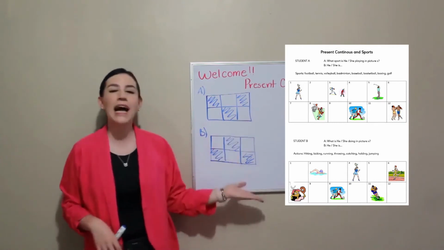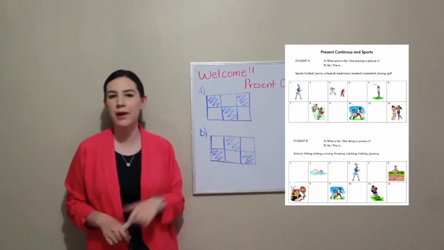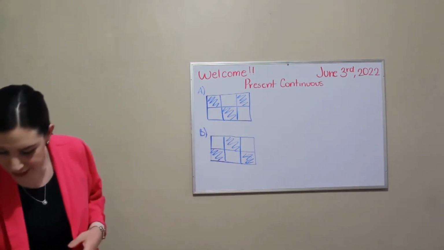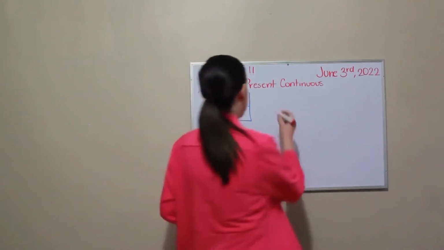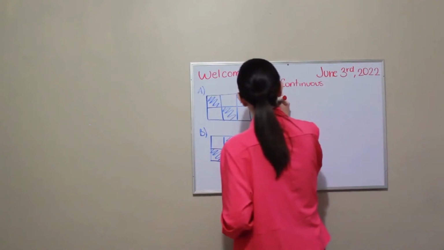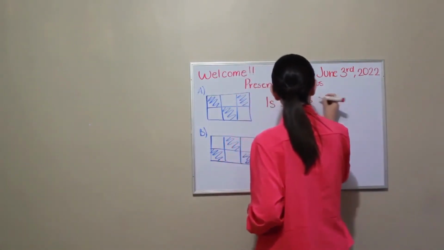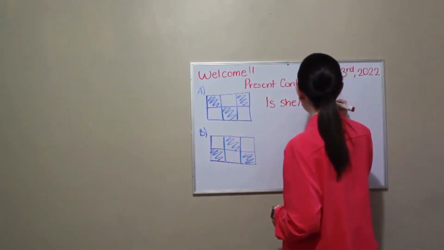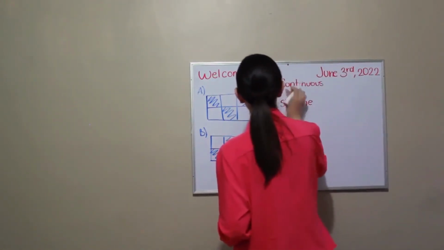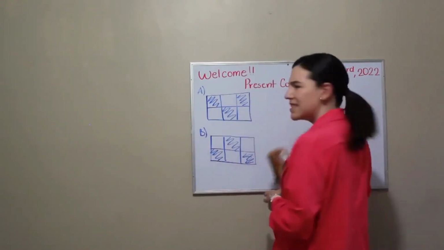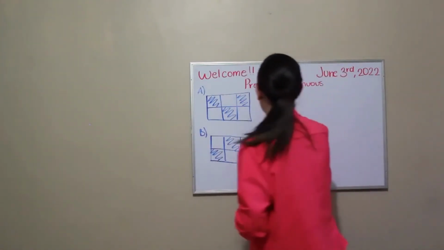You are going to be asking questions to your partner. First of all, the question that I want to ask is, you have it right there, but I'm still going to write it. Is she or he? No, let's see, I think it says, what is she? Can you confirm? It says what, right? Yes. Okay.